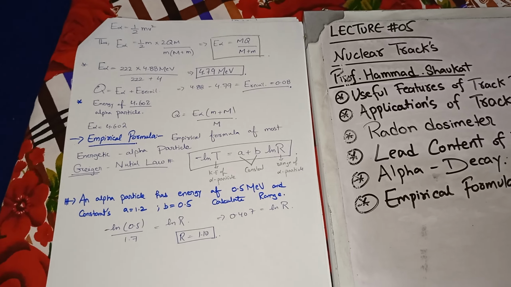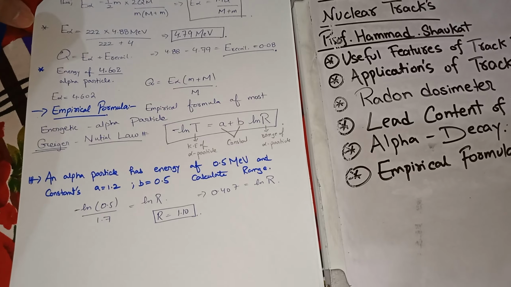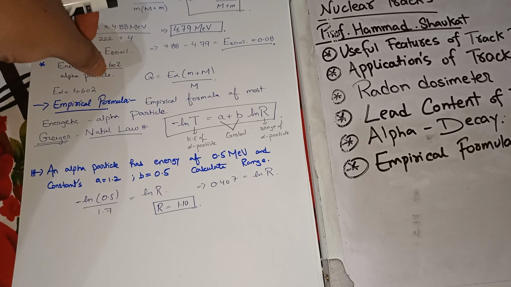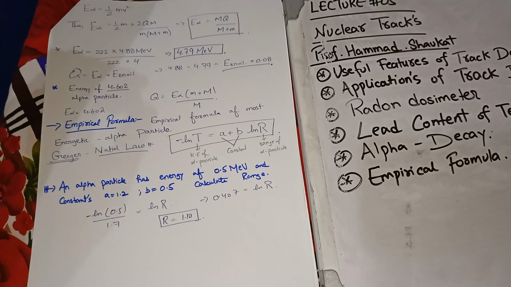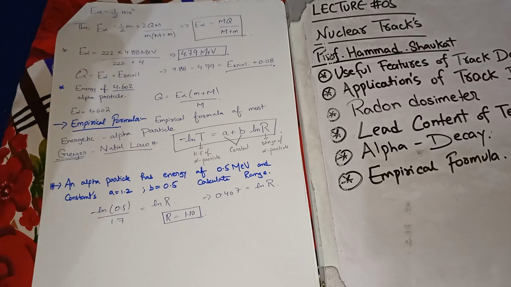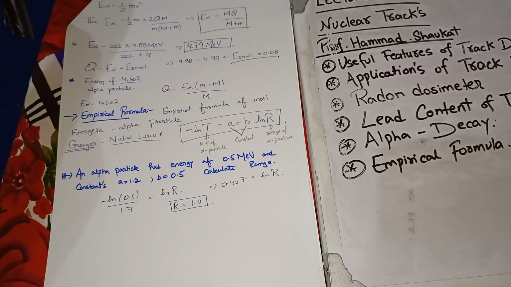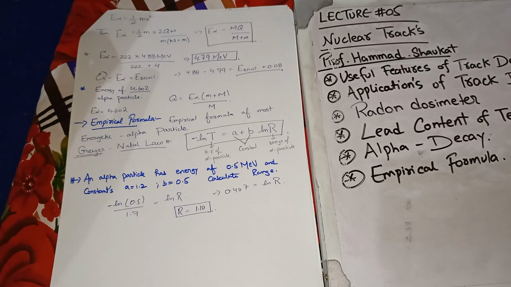There is another short problem. Let's suppose the energy of the alpha particle, E alpha, is 4.602. Find the Q value. How can you find it?